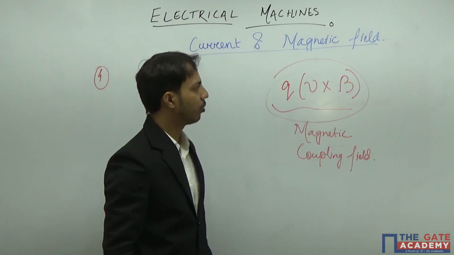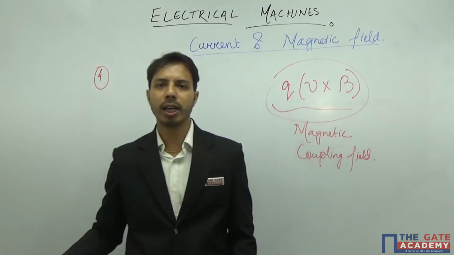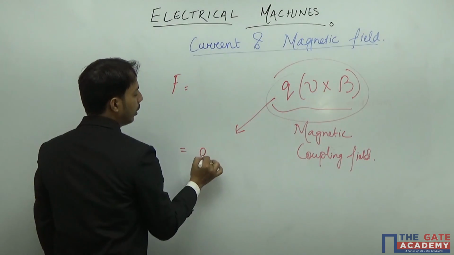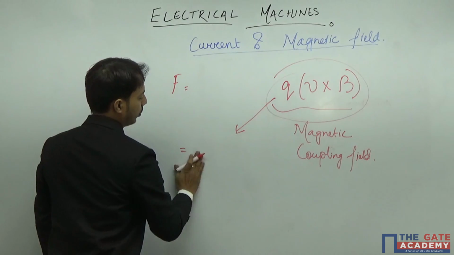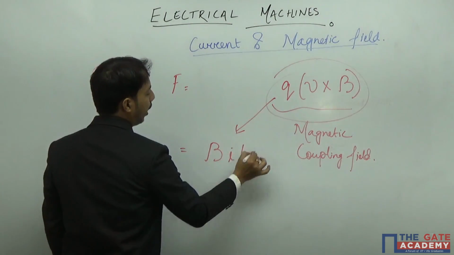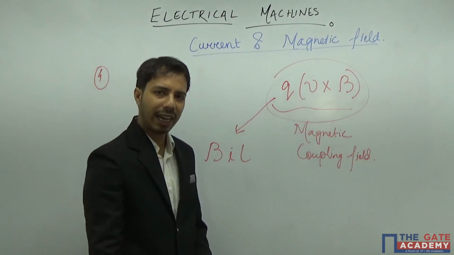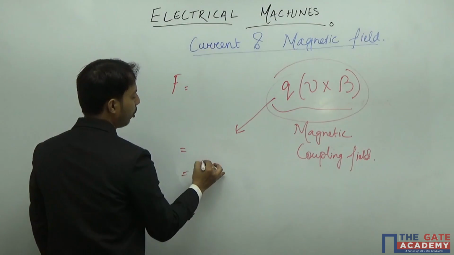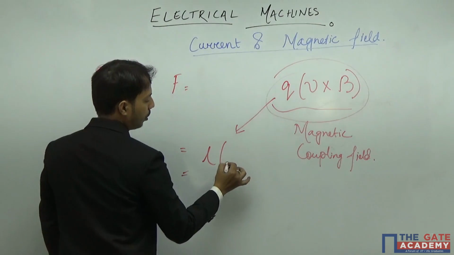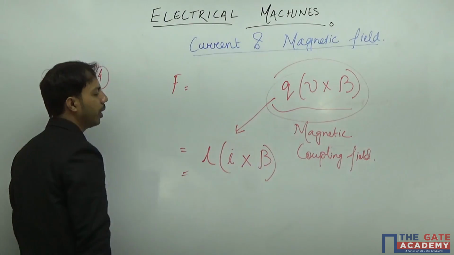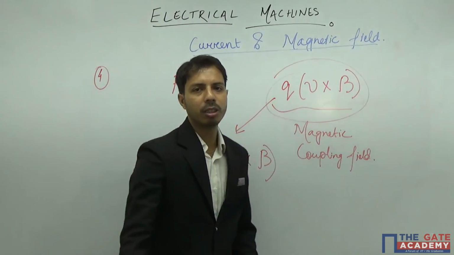For us, the force is Q into V cross B. And this can also be written as B I L, or if you want to write it in cross product terms, it will be L into I cross B.